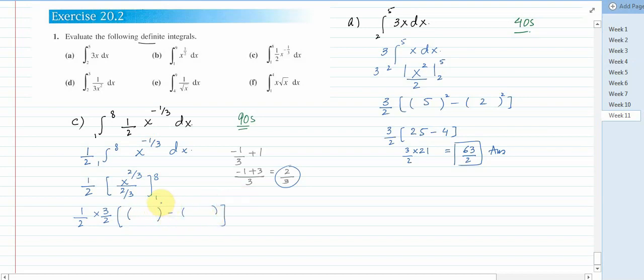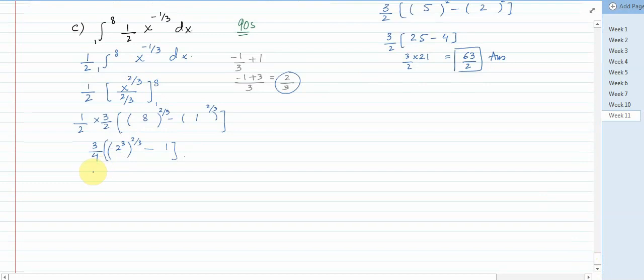The power of x is 2 over 3. The upper limit we have is 8, and the lower limit is 1, and it will be 3 divided by 4. Alright, 8 is what? 8 is 2 to the power cube and whole power 2 upon 3, minus any 1 with the power of any number, right? 1 to the power 500, 1 to the power of 2, it will be simply 1.